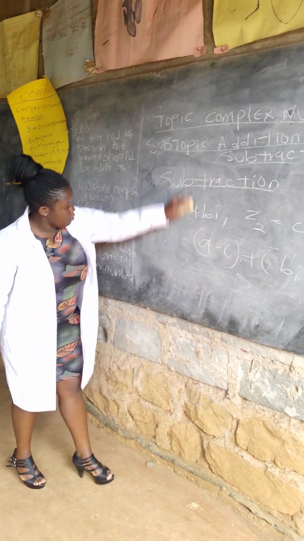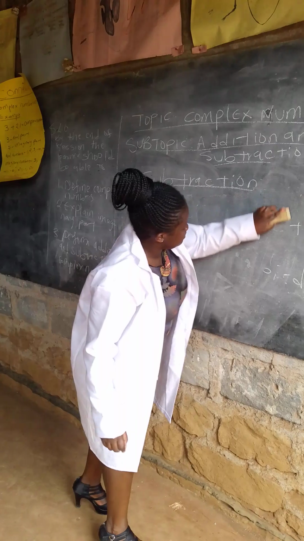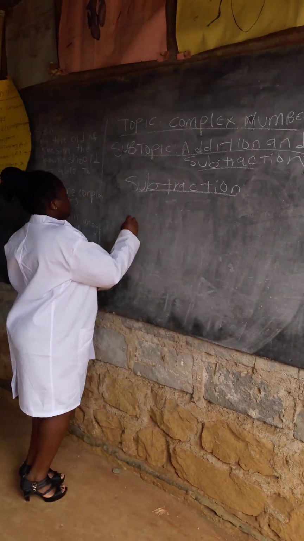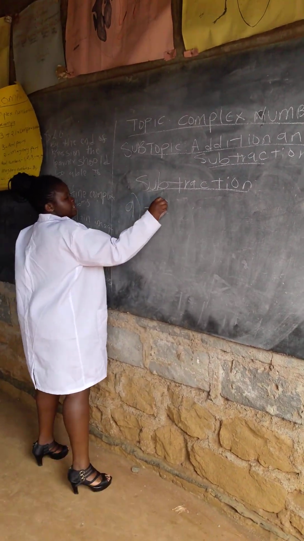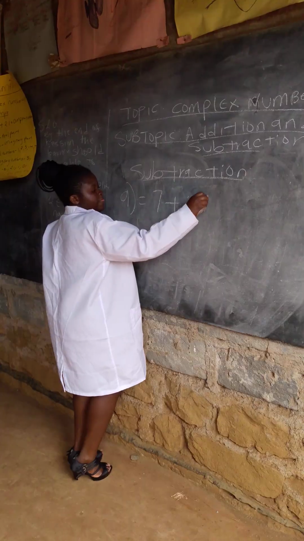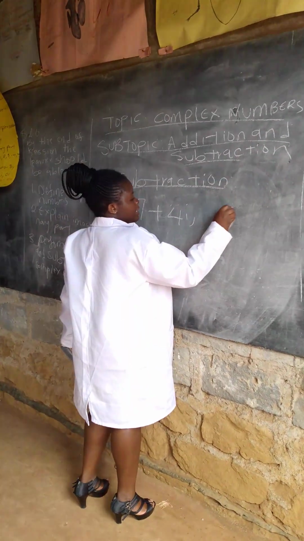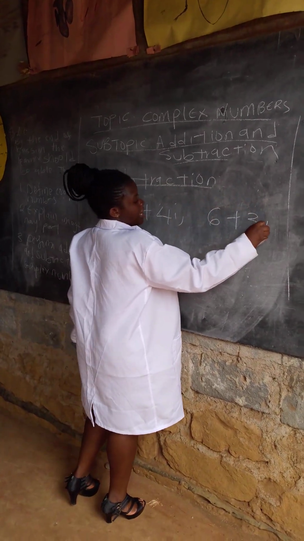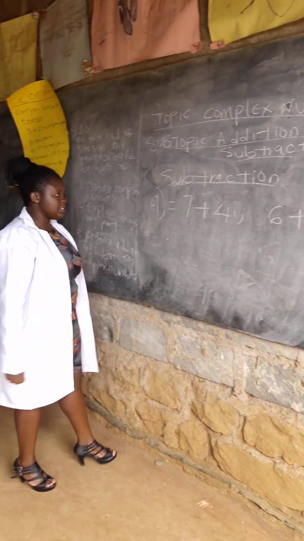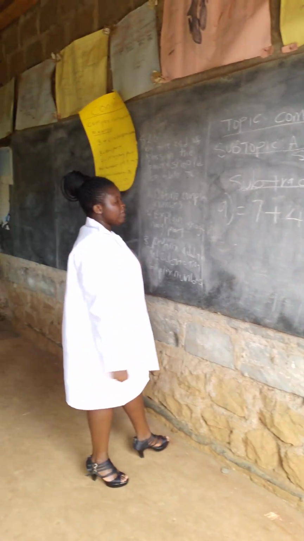We're going to do one example for you. Z1 is given by 7 plus 4i, and Z2 is given by 6 minus 3i. To subtract these numbers, who can identify the real part? Z1 minus Z2.